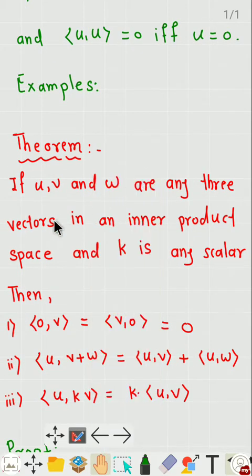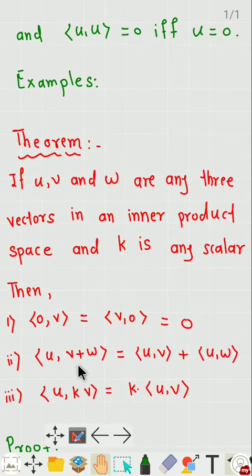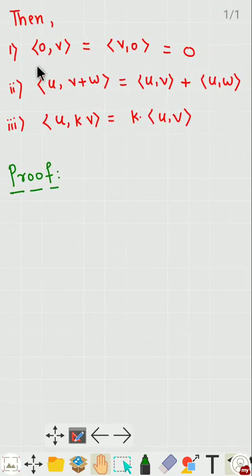The theorem: if u, v and w are any three vectors in an inner product space and k is any scalar, then the inner product of 0 vector with v is equal to the inner product of v with 0 vector, which is equal to the number 0. Now, the inner product of u with v plus w is equal to the inner product of u with v plus the inner product of u with w.